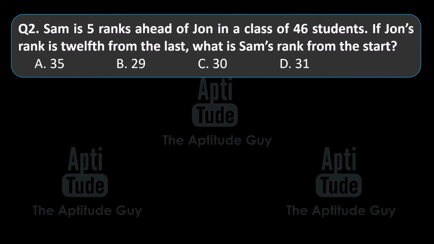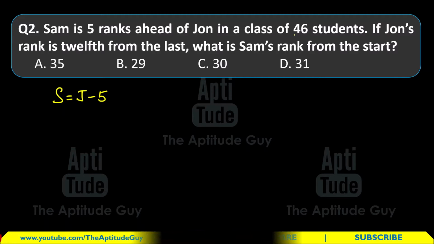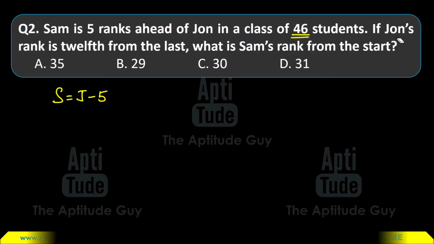Question number 2. Pause the video, try to solve it, and then come back. Alright. Sam is 5 ranks ahead of John. That simply means that Sam equals John minus 5. Then there are totally 46 students. If John's rank is 12th from the last.